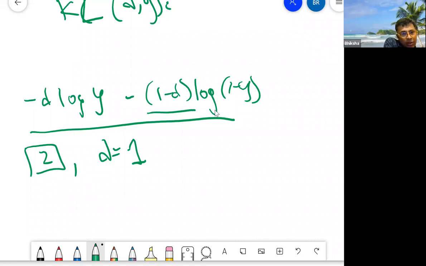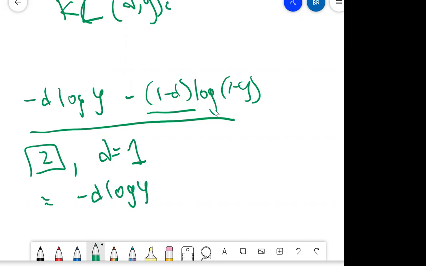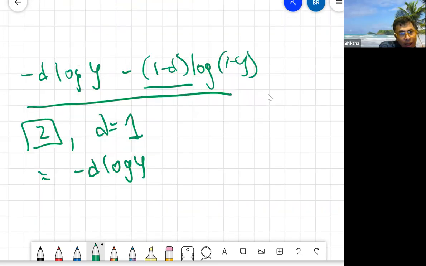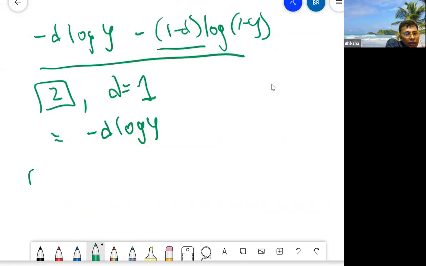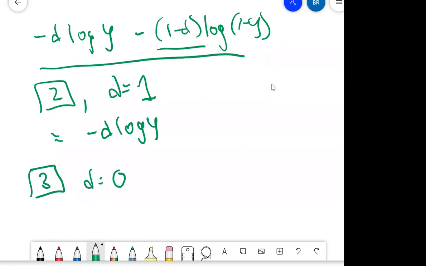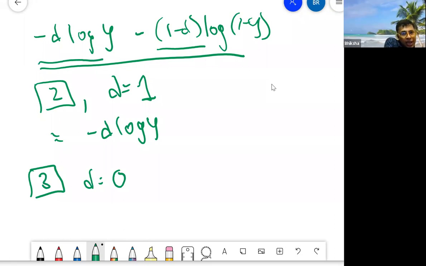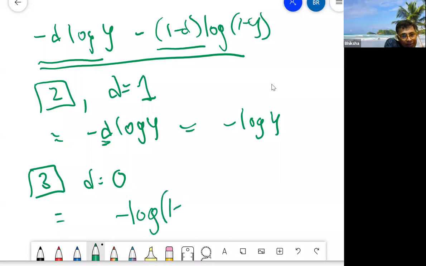This term becomes 0. So this is simply going to become minus D log Y, correct? On the other hand, suppose I give you an input which is a 3. What is D? It's 0. So this term disappears, and the Kullback-Leibler divergence is going to be, in this case, 1 minus D is 1. So this is simply going to become minus log 1 minus Y.